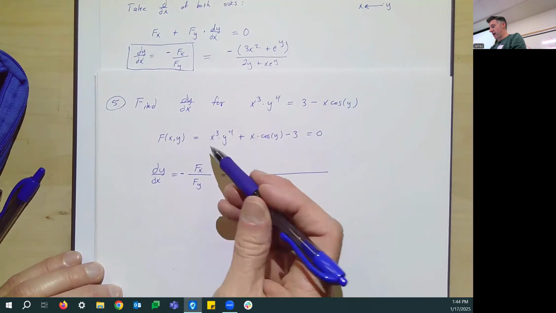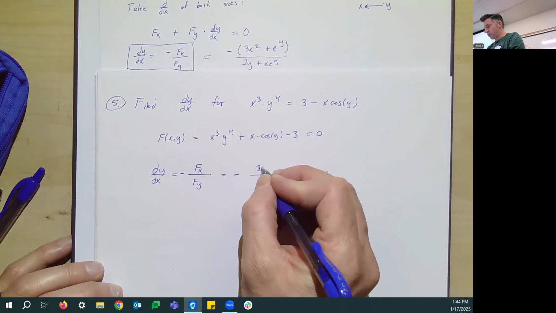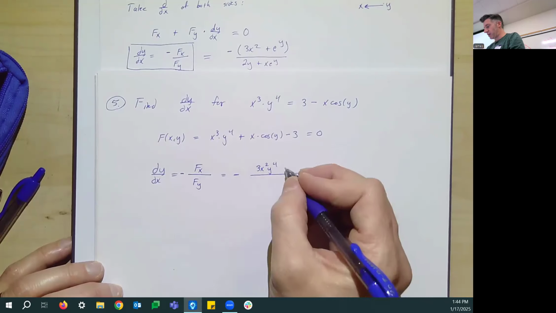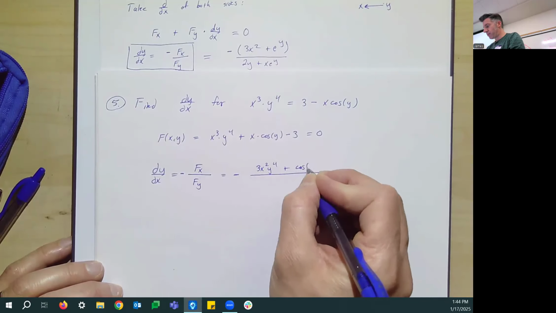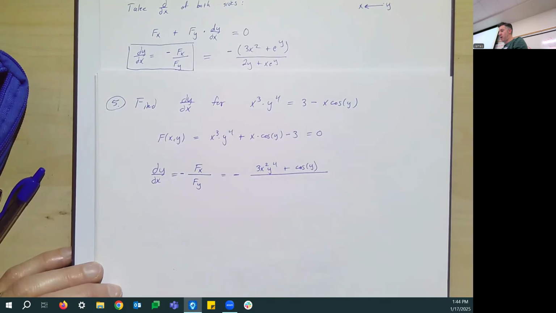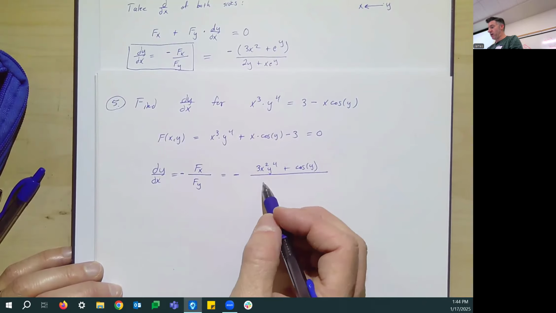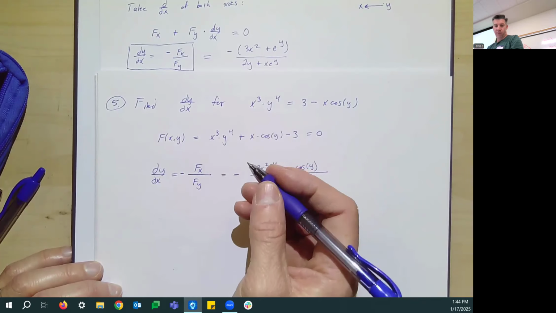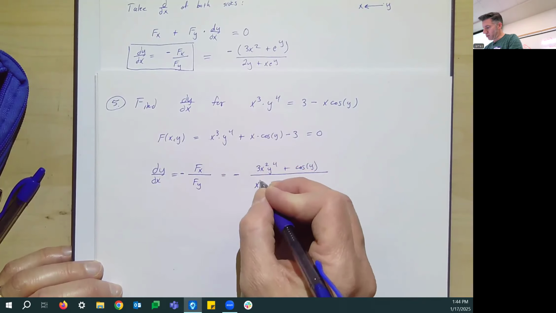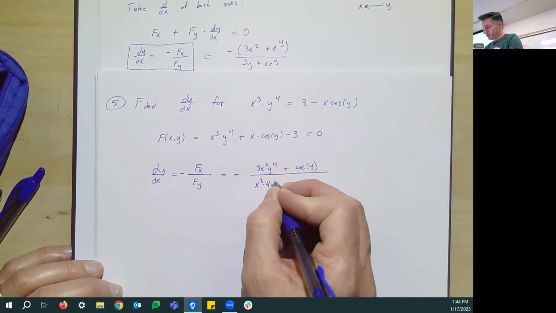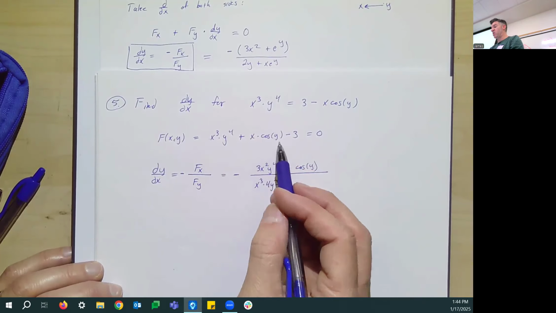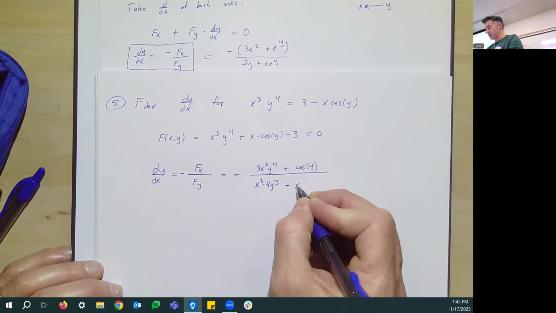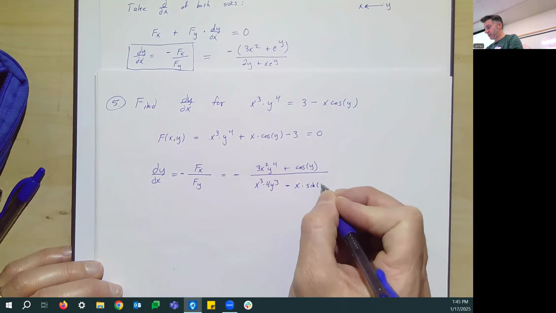The partial with respect to x is going to be 3x squared times y to the fourth plus 1 times cosine of y. And the partial with respect to y on the bottom is going to be x cubed times 4y cubed. I'd probably put the 4 in front, but I won't. Plus x times the derivative of cosine of y, which is negative sine of y. So minus x times sine of y.